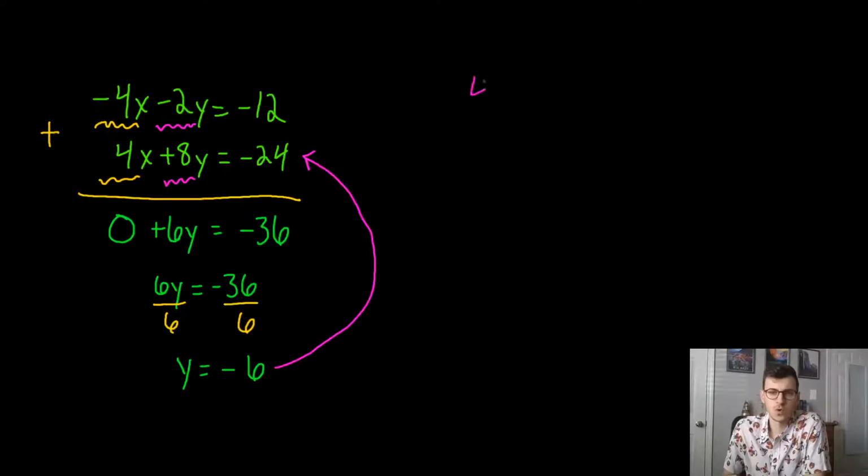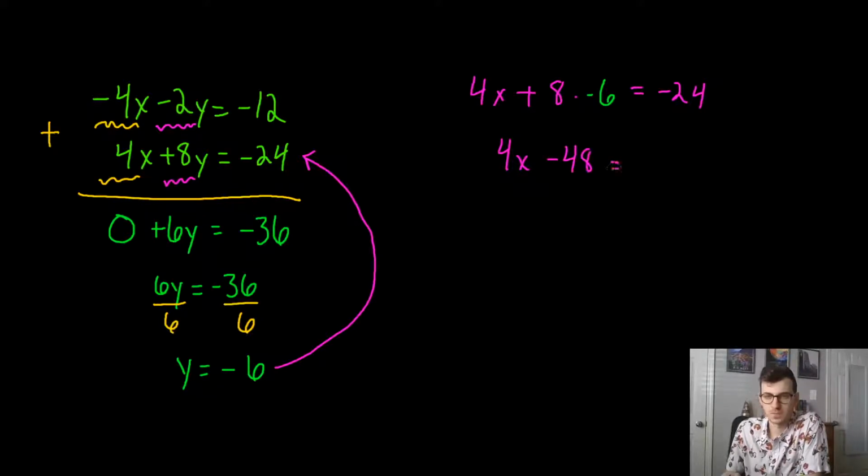So 4x plus 8 times negative 6, right? 8y, and y is negative 6. This goes back to substitution, equals negative 24. Okay, so now we can do some simplifying and multiplication. 8 times negative 6 is negative 48, equals negative 24.